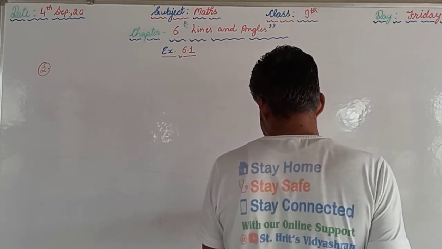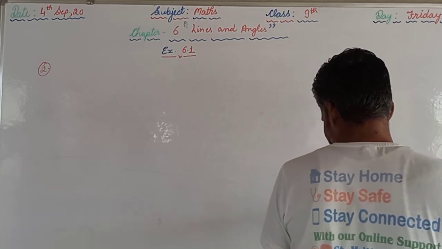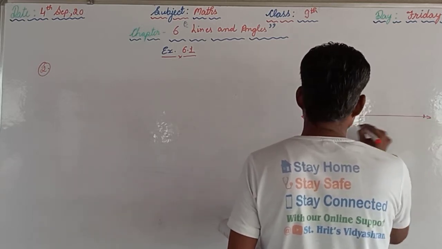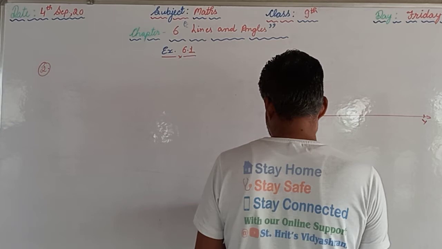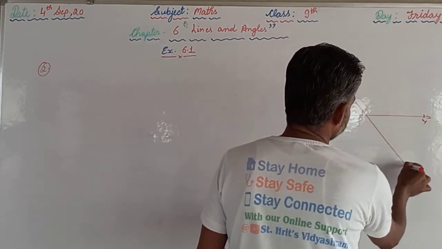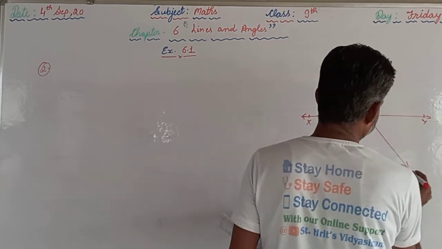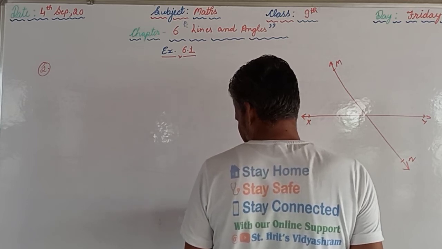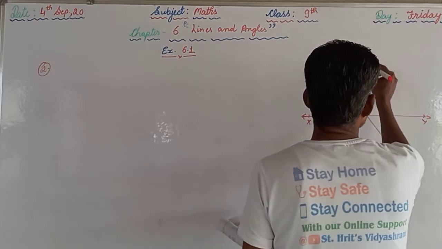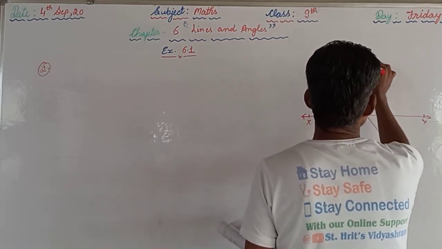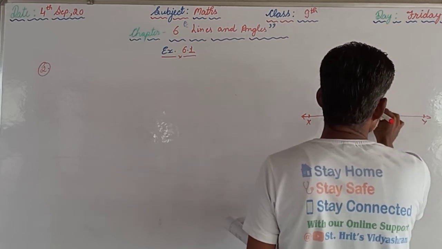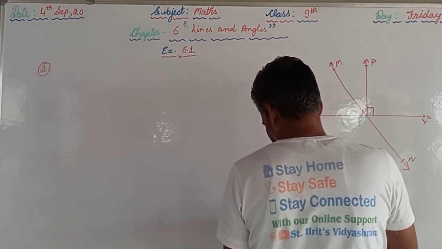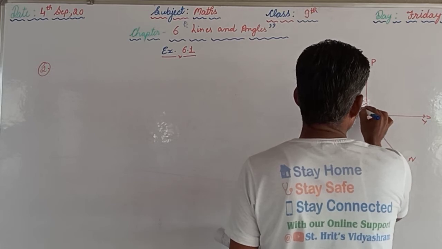Lines XY and MN intersect at O. If angle POY is 90 degree, we have to find angle A, B, C.